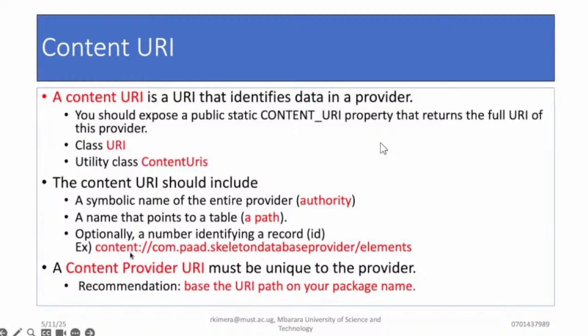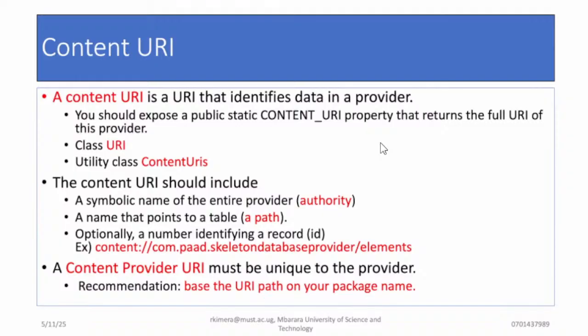For the web, a website has a URL, or universal resource locator, and that is the web address. Usually it starts with HTTP to define the protocol. Once you see HTTP, you know that this is a web address.